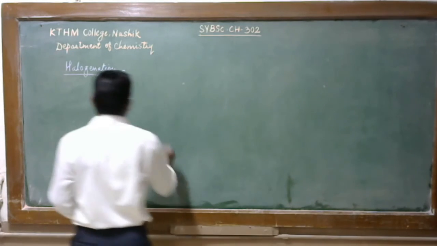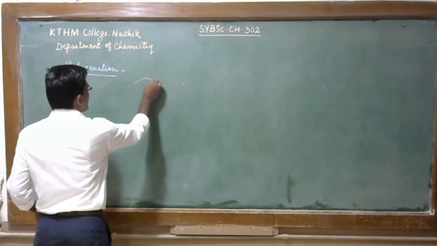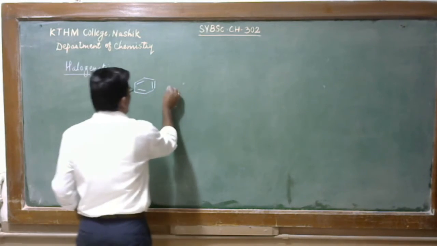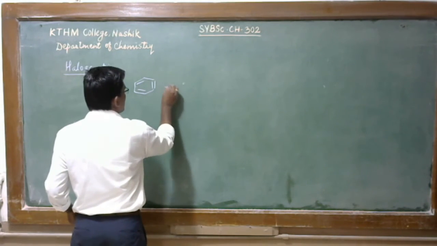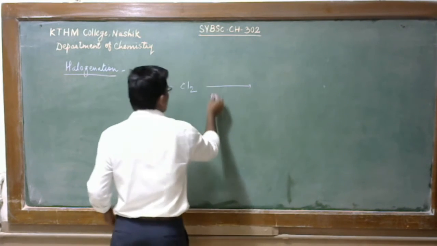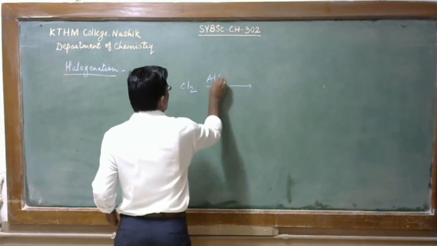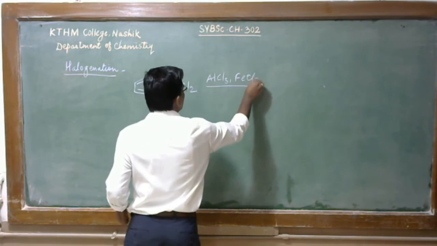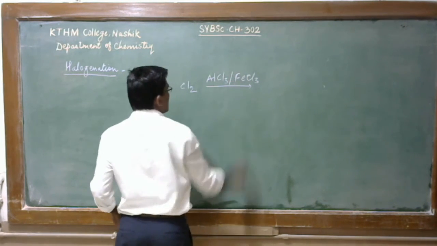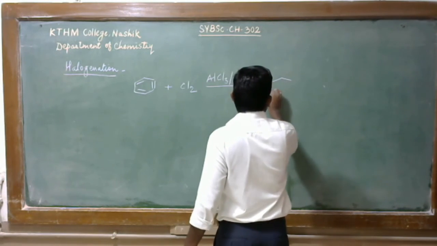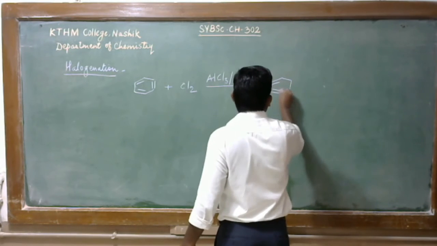So when benzene reacts with chlorine, for example, in the presence of AlCl3 or FeCl3, a Lewis acid, it gives rise to chlorobenzene.